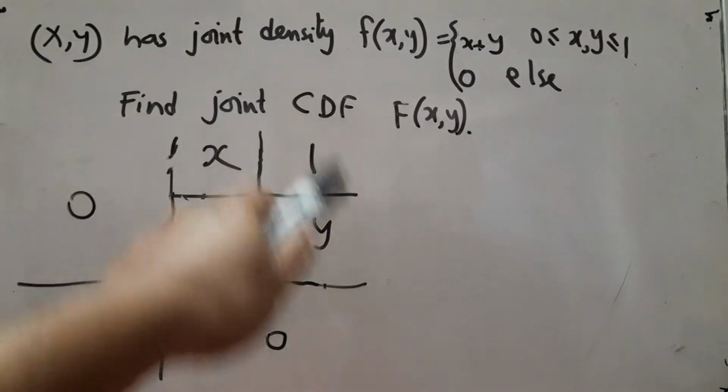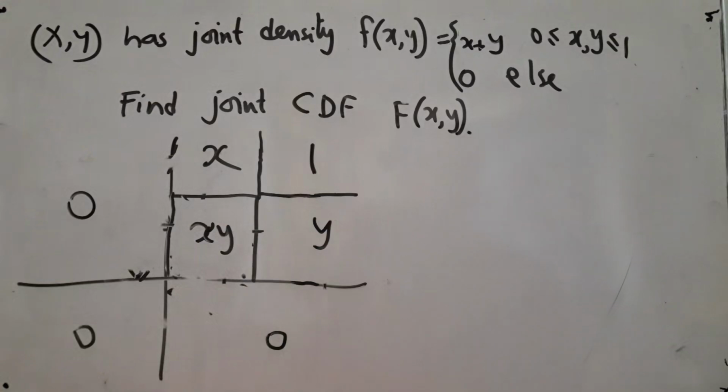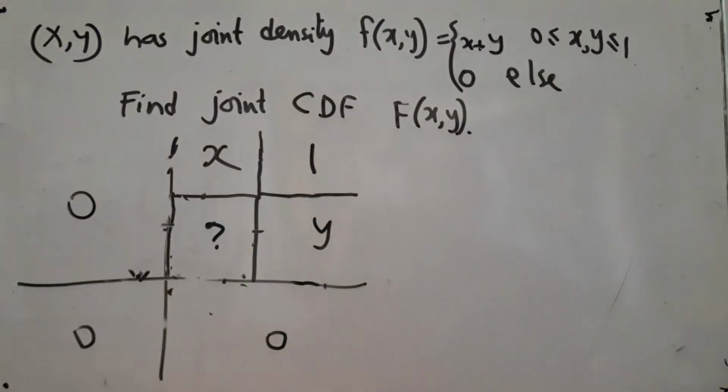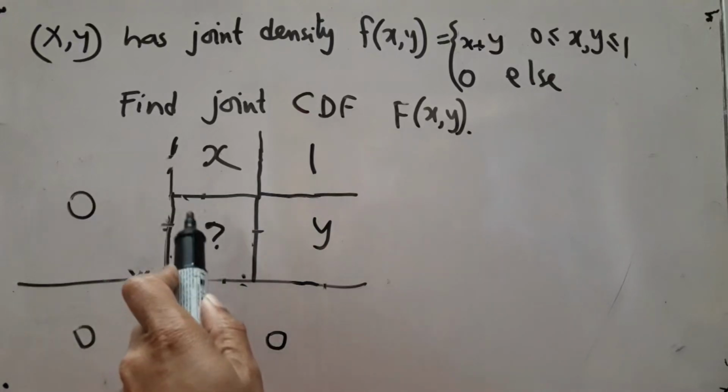Out of these 7 partitions, some of the values will still remain unchanged and only some of them will change. Out of these, one will be this cell. So I want you to find out which cells are going to change and work out the value for this cell only.